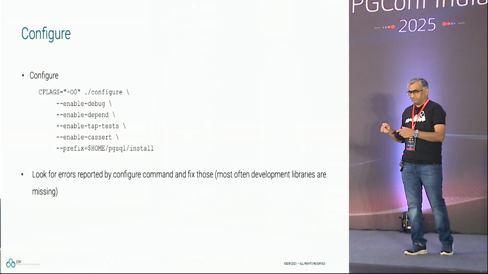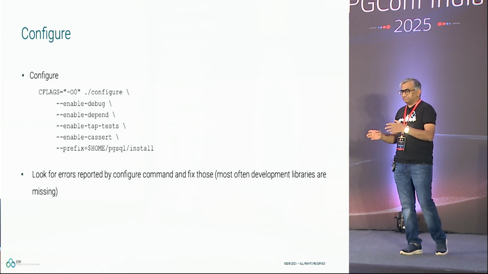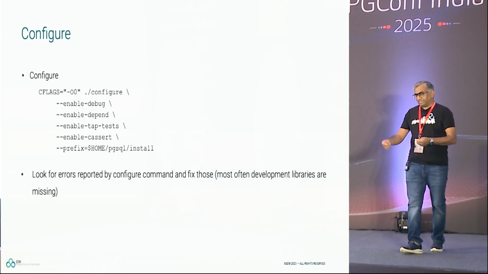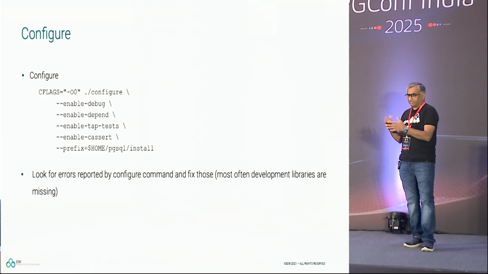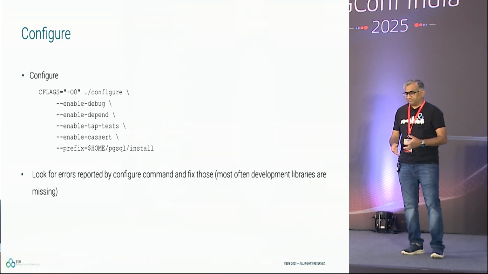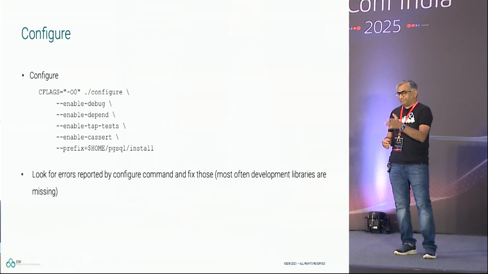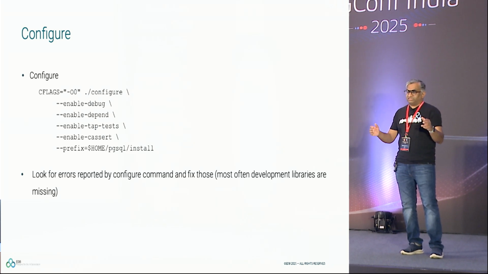You want to turn debugging on. So enable debug, enable depend, which makes sure that your source code can be rebuilt fast, because it tracks all the dependencies. Tap test, something you want to run. Cassert is important: Postgres code is full of assertions. That means the code is actively checking that certain conditions are true or false at different places.